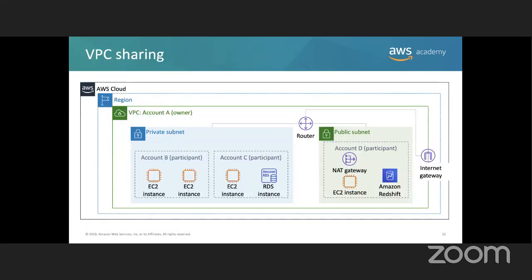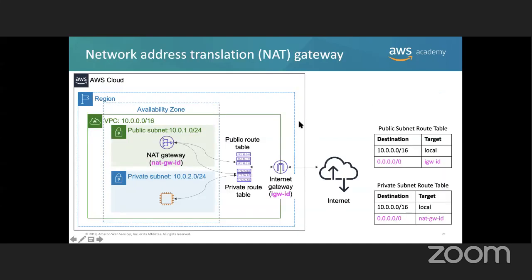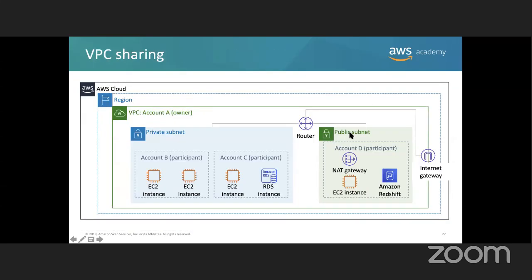Okay. So VPC sharing: you have a region, a VPC, account A owner, right? And then you have a VPC private subnet here, account B participant, account C participant. So you have two accounts here. And then you have a router that connects with the public subnet, account D participant.